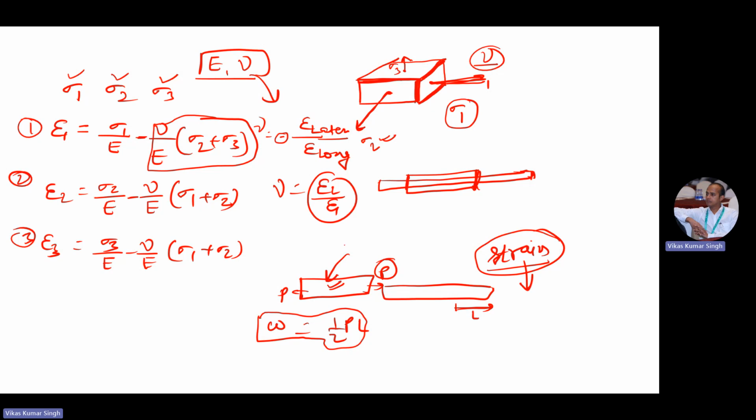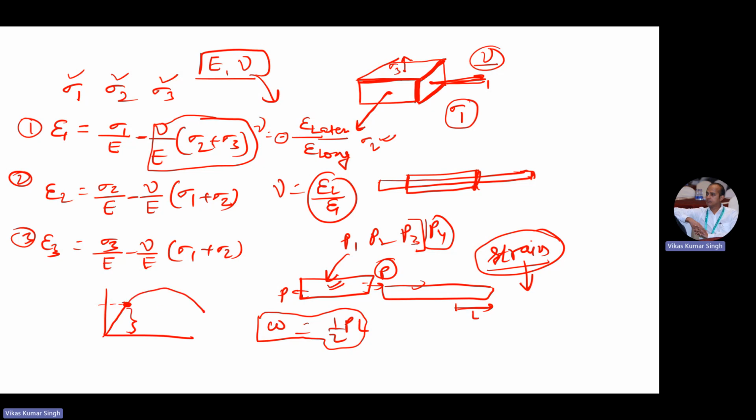Suppose we were putting loads P1, P2, P3, P4 on this material. Up to P3 it was not deformed plastically. At P4 it was deformed plastically. Means P1 to P3 were in this zone, and when we cross this point, plastic deformation starts.